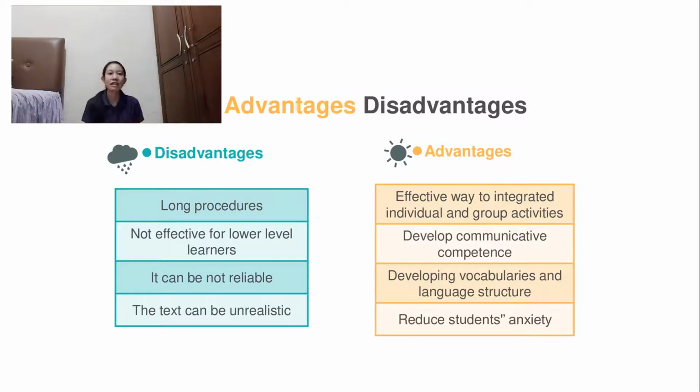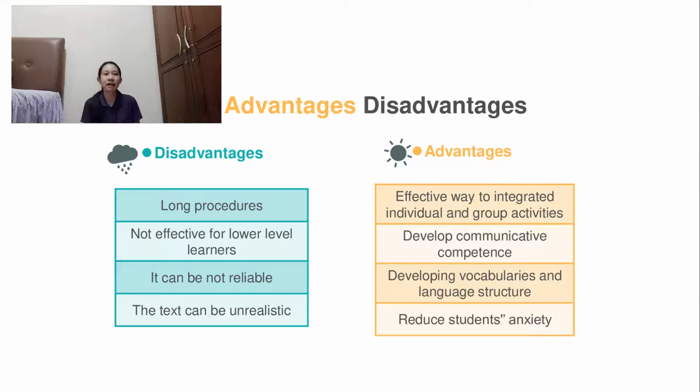The second is that it is not effective for lower level learners because they have to directly take notes of some vocabularies or make sentences to construct important information. And the third is that the test will be less reliable because of the different speed for different audiences and the pace of the teacher while the teacher plays the recording or reads the text.